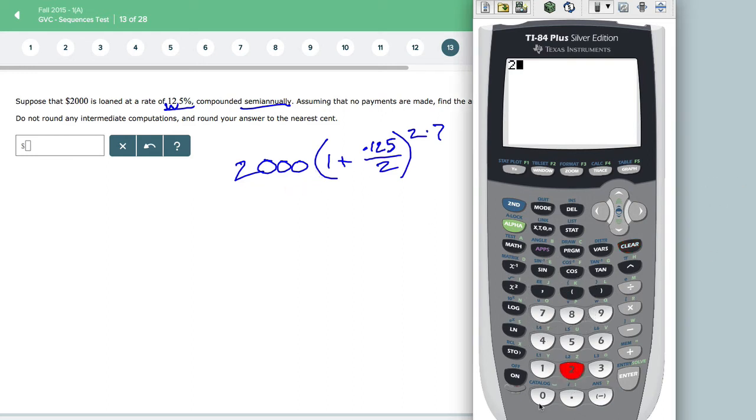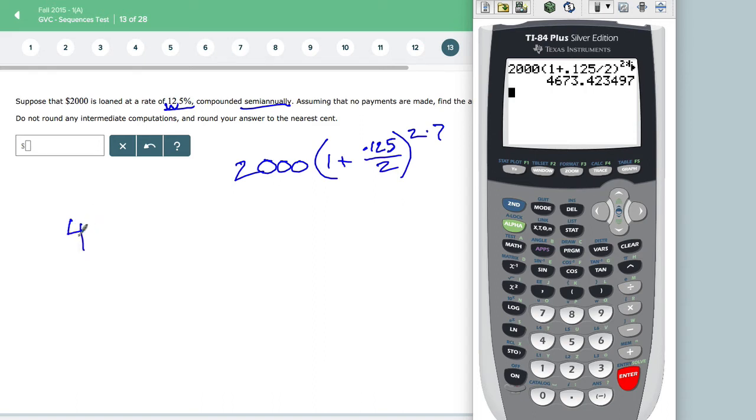And so we get 2,000 times 1 plus 0.125 divided by 2 in parentheses raised to the 2 times 7, and we see our answer. And that, because it's compound, that's the end amount.